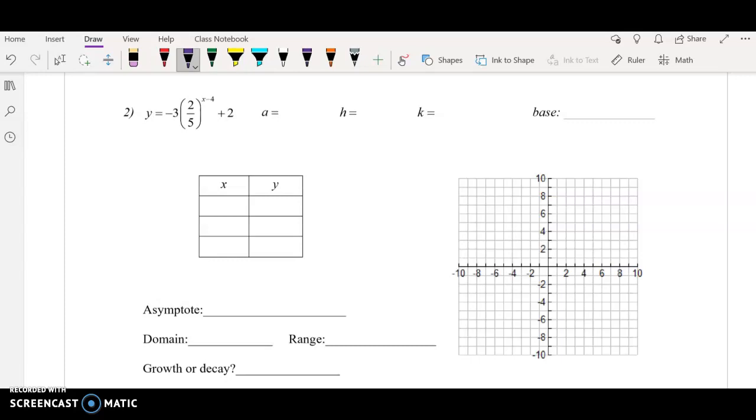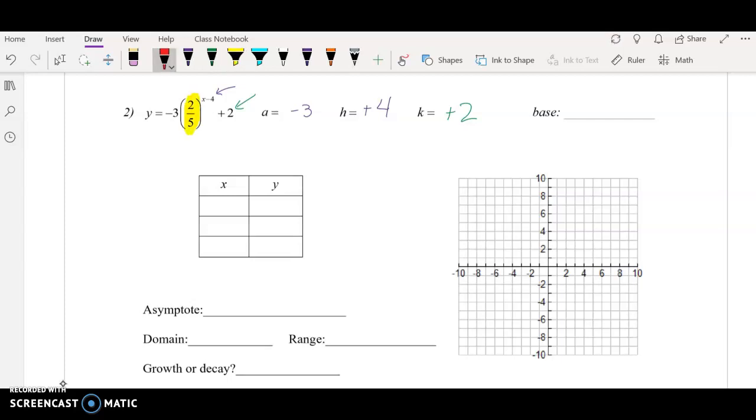Looking at this one, our A value is -3. It's out in front. Your H value is going to be the opposite of what's up with your exponent, so it's +4. And your K value is being added at the end, so it's +2.